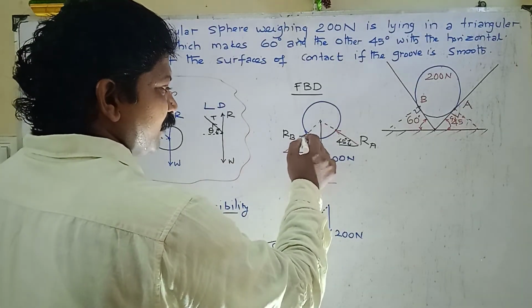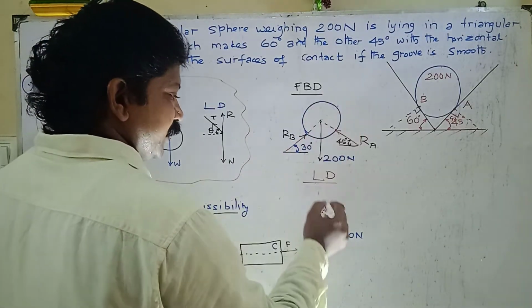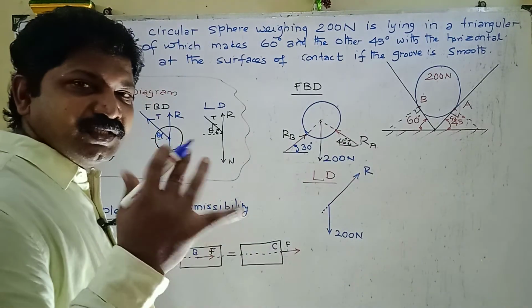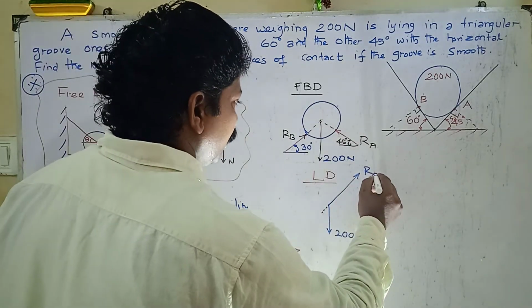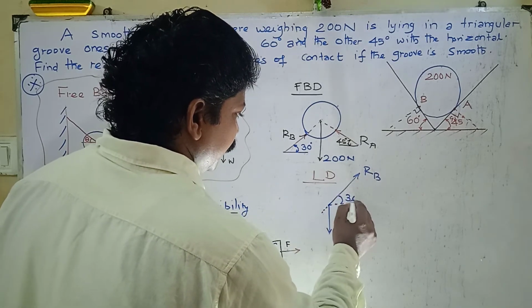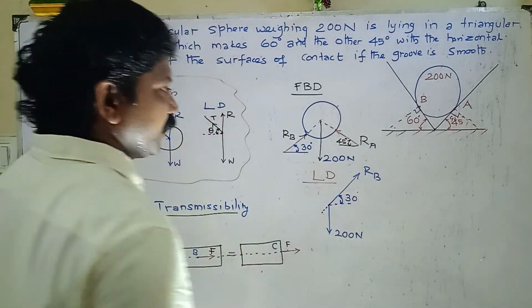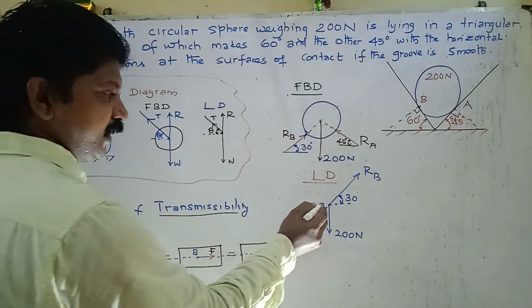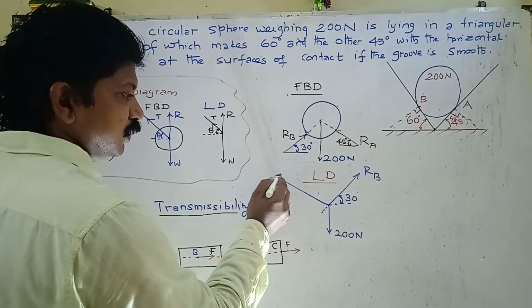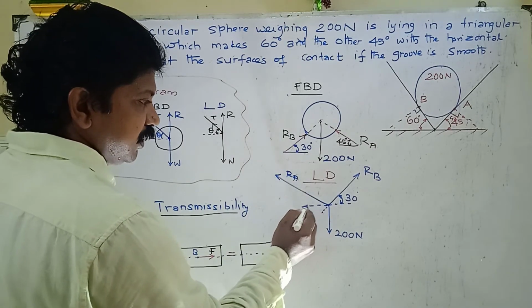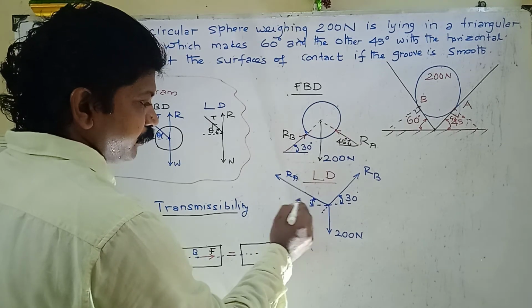So RB is shifted to this side, with no change in the external effect of the force on the body. RB at 30 degree with the horizontal. RA, same, apply the same principle of transmissibility, shifted to this side. RA at 45 degree with the horizontal.